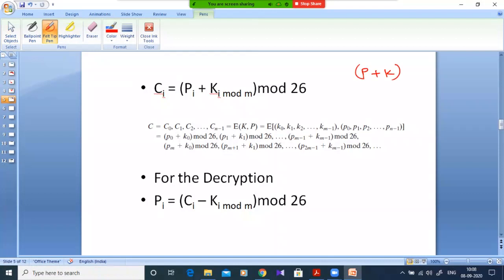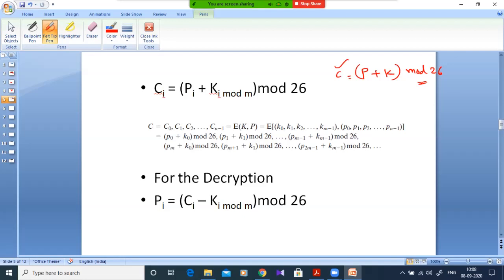To get the ciphertext, the entire message, first we add the alphabet number of the first letter in the plain text and the alphabet number in the key, and perform a modulo operation also. I will tell you the reason. Then similarly P1, K1, and so on, up to Pm minus 1, Km minus 1.